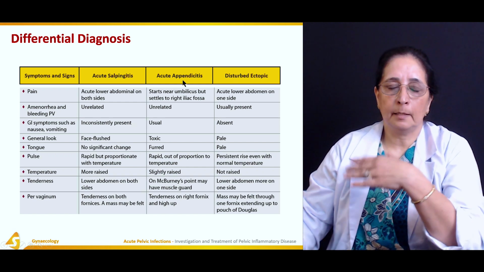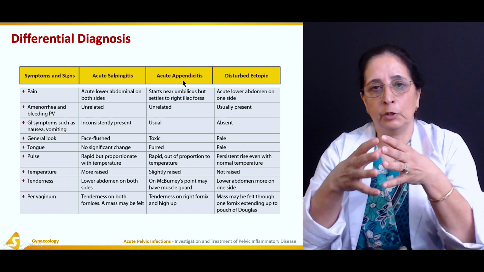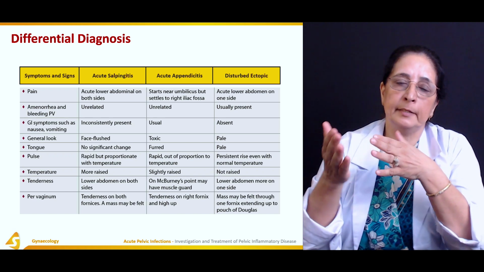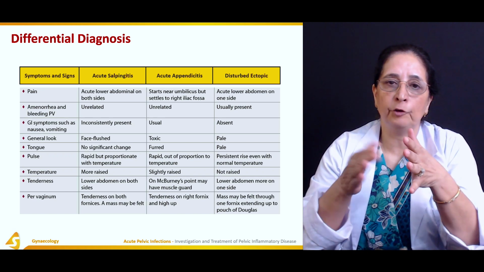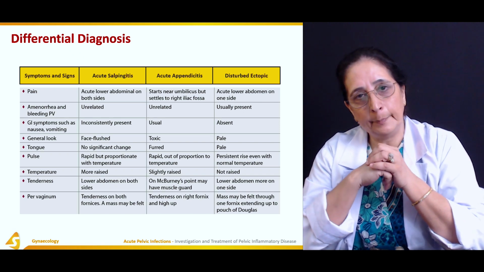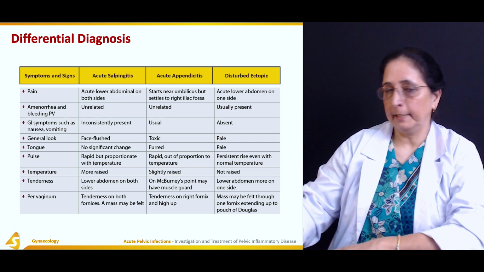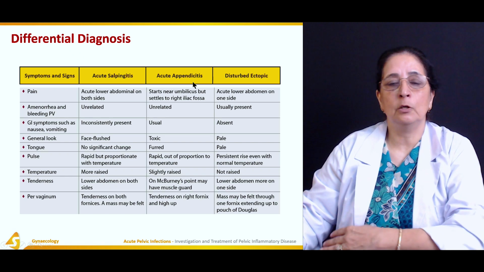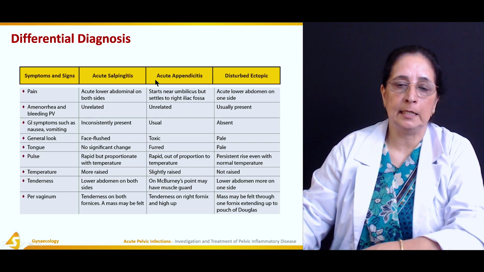Because these are very commonly associated conditions. Sometimes acute appendicitis is confused with acute salpingitis, and a complicated ectopic pregnancy can also sometimes be confused.